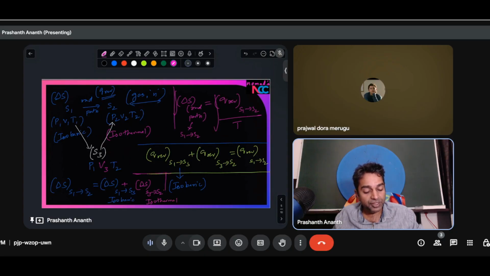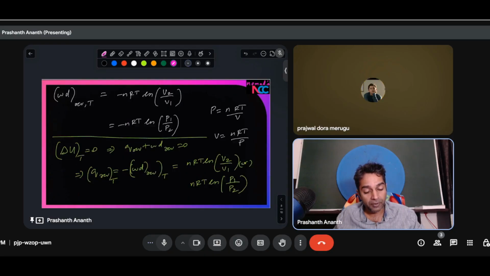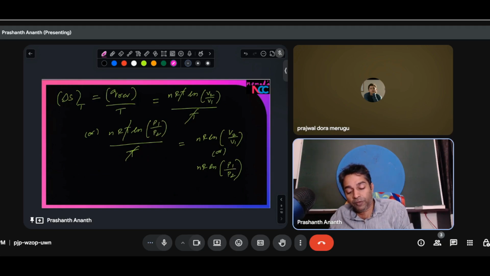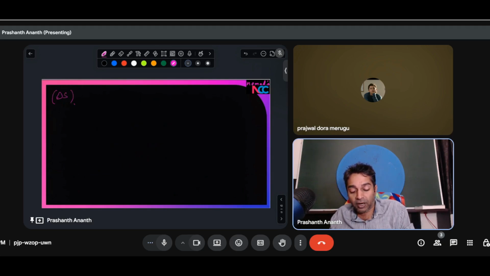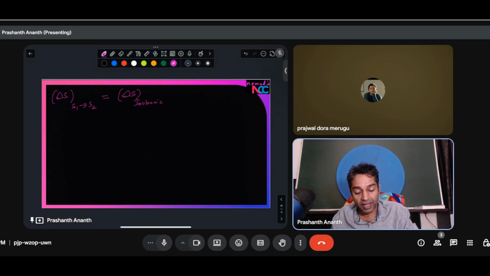So this is the general way to proceed and solve for this. Let me expand on it. If I am going to have delta S for a random path S1 to S2, we are going to have it as delta S isobaric S1 to S3 plus delta S isothermal from S3 to S2.